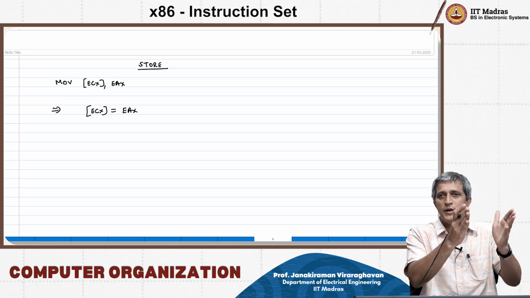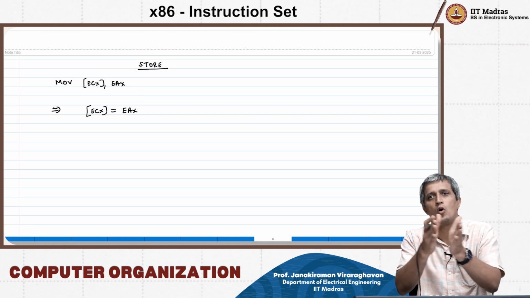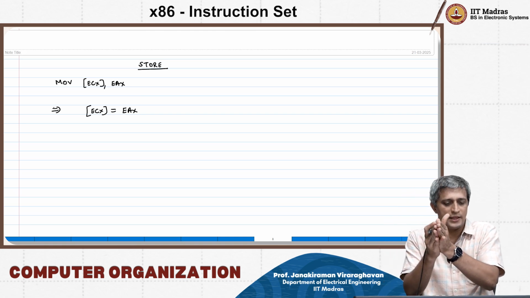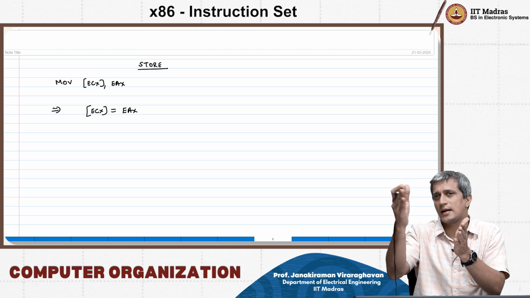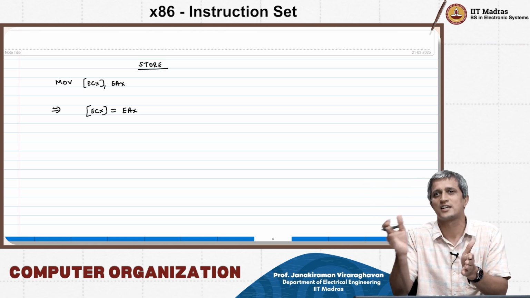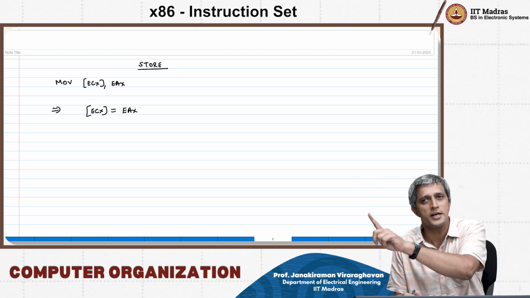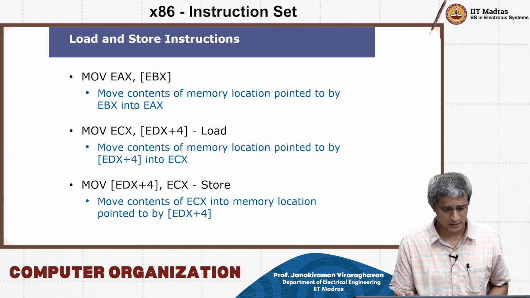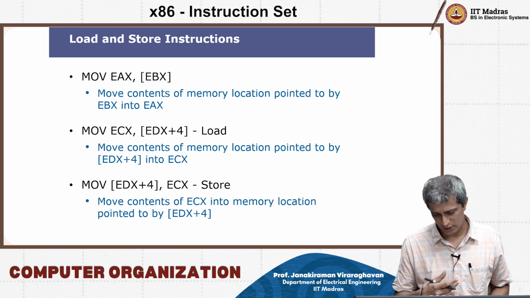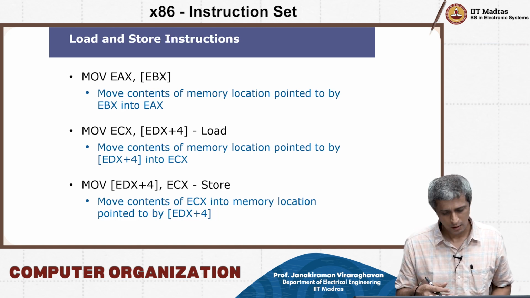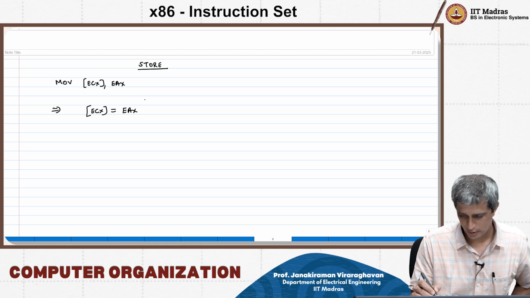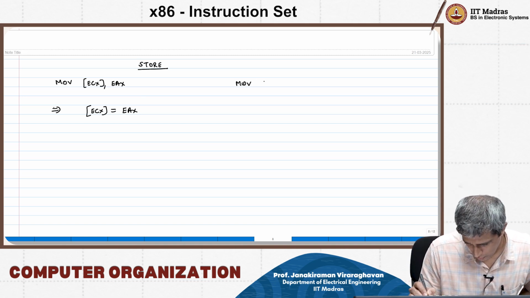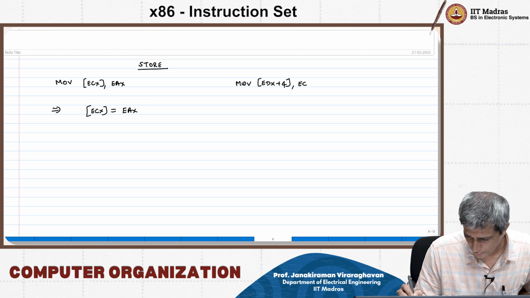So the 32 bits from the EAX register will go on to the data bus. Then you are going to treat ECX as the address, you will put that on the address bus and assert the write. So data will get written into the memory in this particular way. Likewise, just like we were able to add an offset, you can even do this: move EDX plus 4 comma ECX.